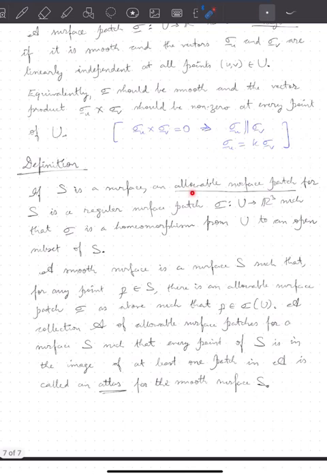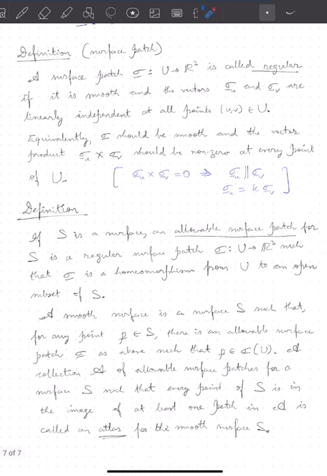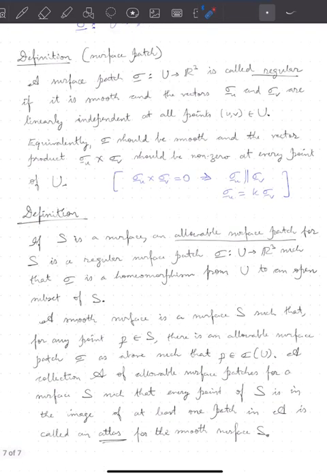Then we talked about what an allowable surface patch is, and then we arrived at the definition of an atlas. So these are the main points in both definitions here.